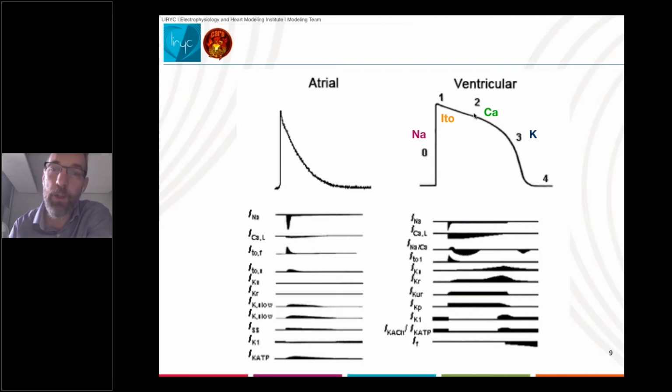There's a plateau region here where calcium is slightly bigger, but there's also potassium flowing at the same time. And then there's a rapid repolarization phase 3, when the potassium currents overwhelm any calcium or sodium currents and return the cell to the resting level, which we call phase 4.